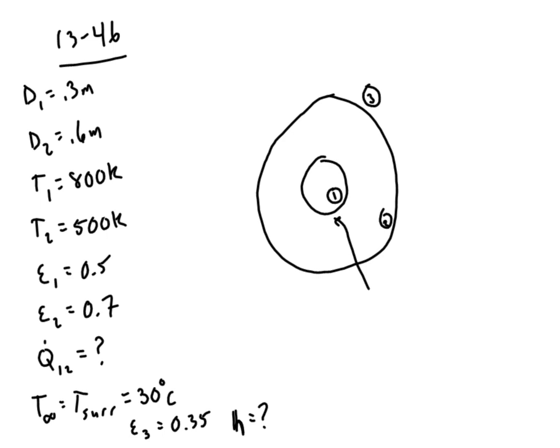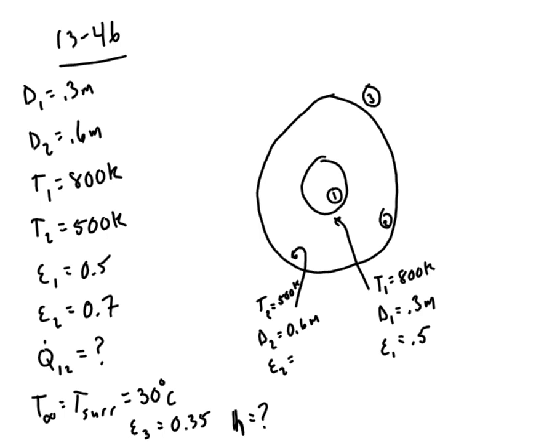So we have T1 was 800 Kelvin. The diameter here, D1, was 0.3 meters, and the emissivity 1 was 0.5. Then here we have surface 2, T2 is equal to 500 Kelvin, D2 was equal to 0.6 meters, and emissivity 2, 0.7.